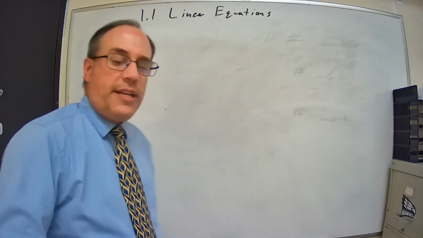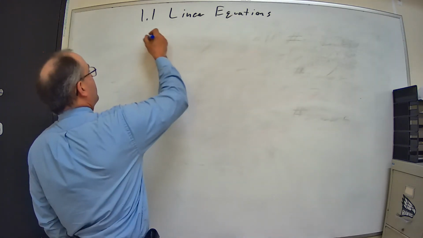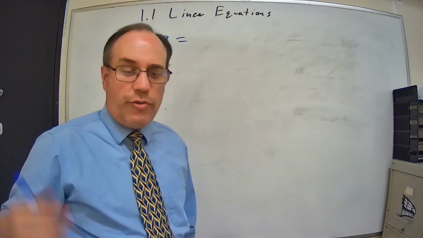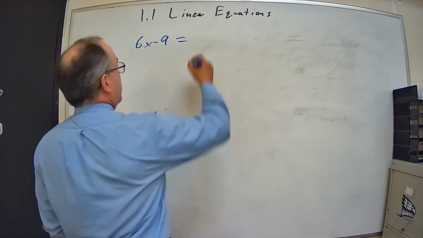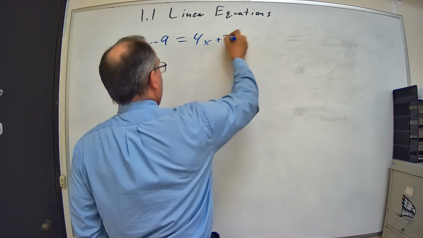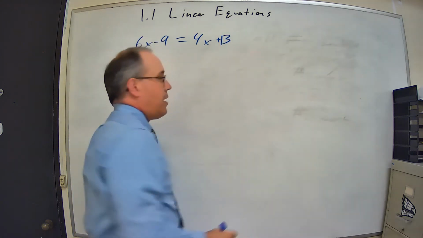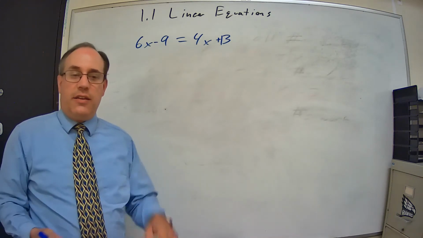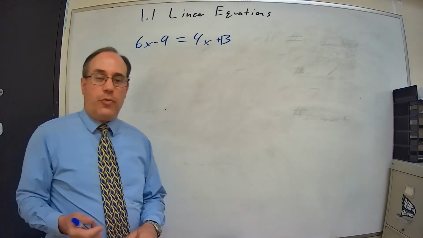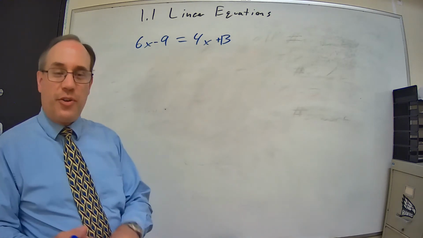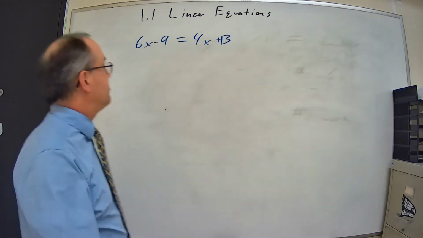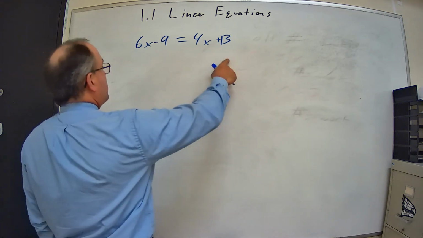Okay, what about 6x minus 9 is equal to 4x plus 13? And we want to determine whether this is an identity, a conditional equation, or a contradiction. So what are we going to do?